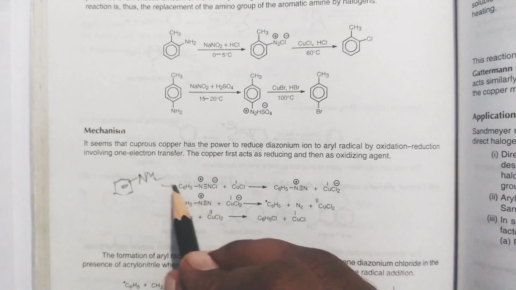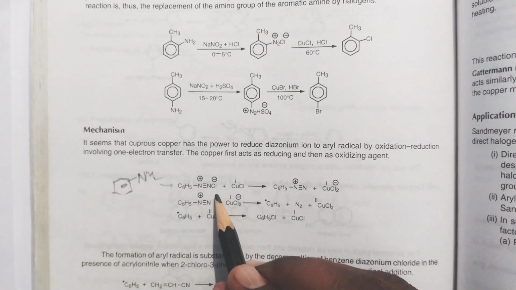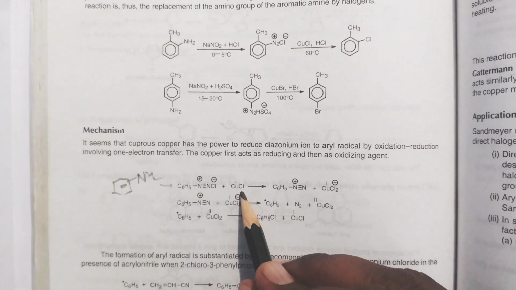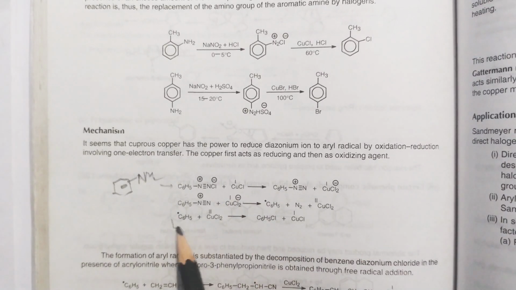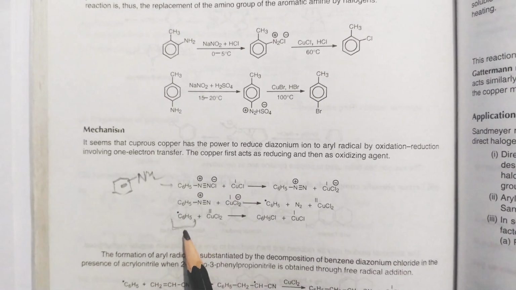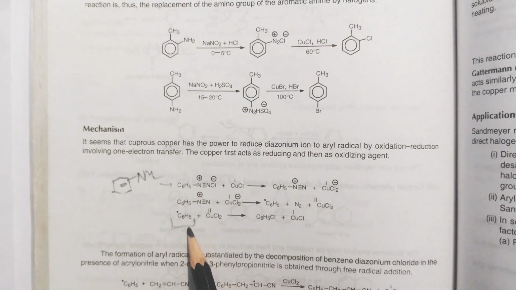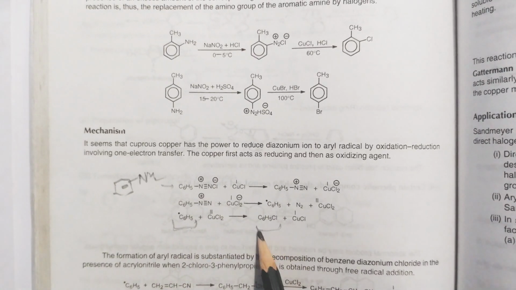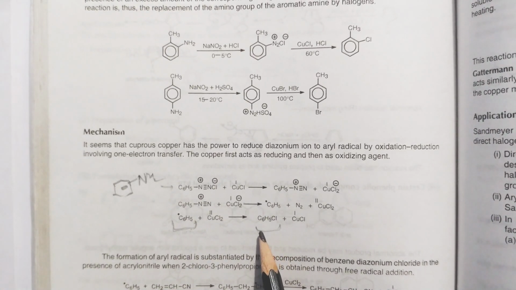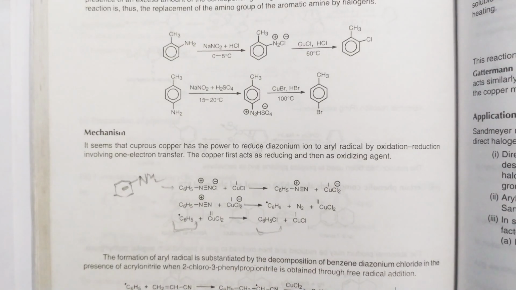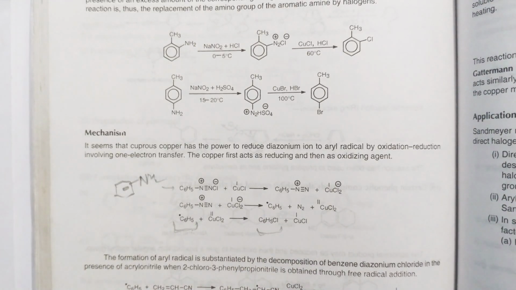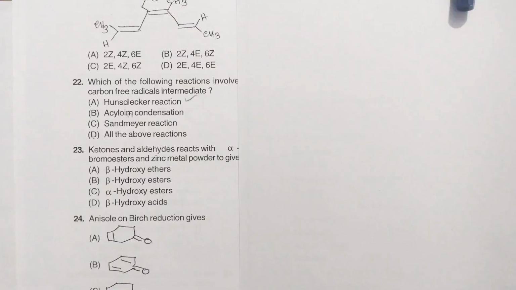These primary amines react with NaNO2 plus HCl, and you are going to get the diazonium salts. This will react with copper chloride. Here you can see that you get these free radicals, and these free radicals are going to give the aryl chlorides or aryl halides. So this is the Sandmeyer reaction. This also involves the formation of a free radical intermediate.